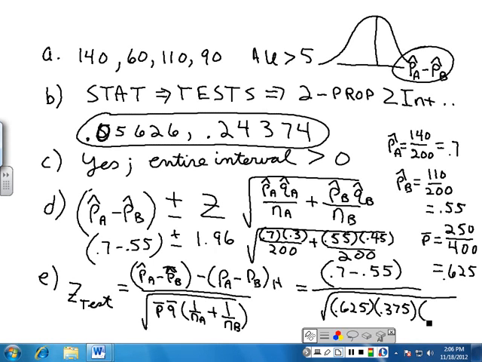One over NA, which will be 1 over 200, and the same thing for B, 1 divided by 200. Okay, that's number 1.